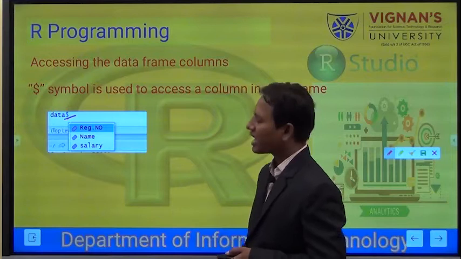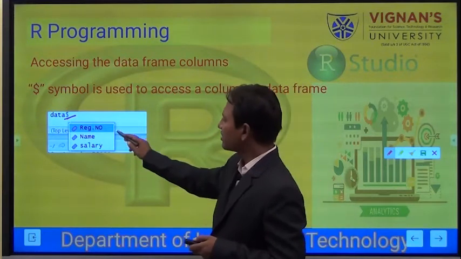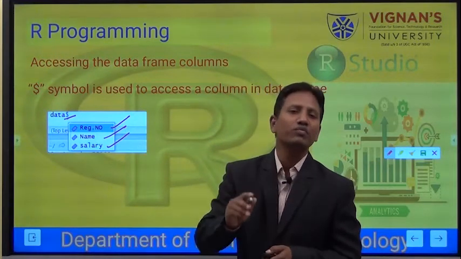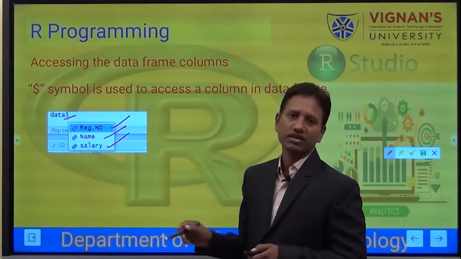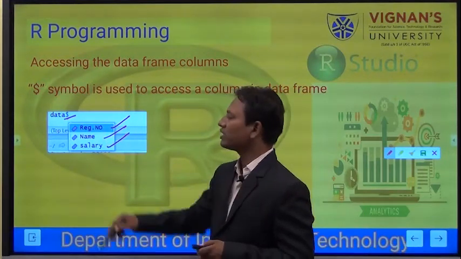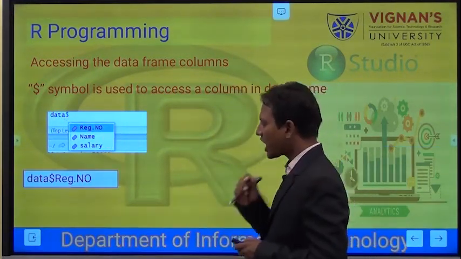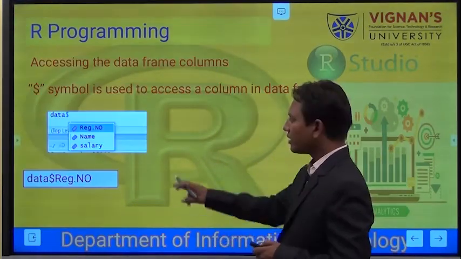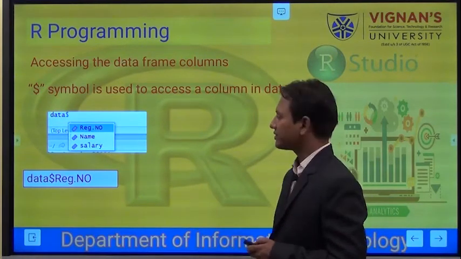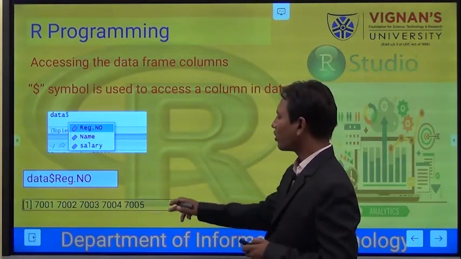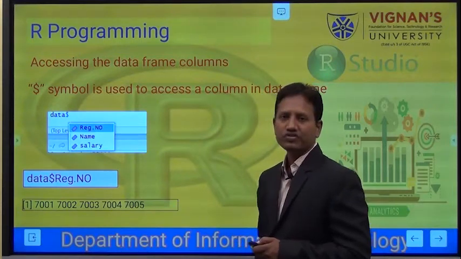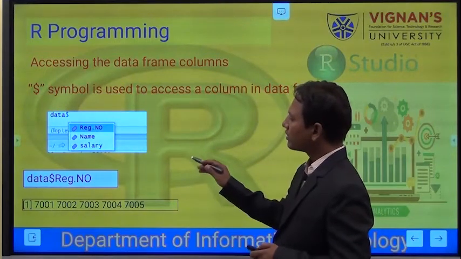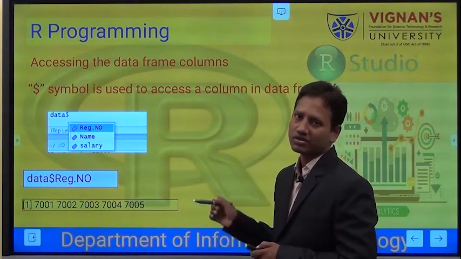In my data frame I have 3 columns: register number, name and salary. It is showing the columns and asking which column you want to pick. I just have to select one name. Here I have selected register number, the first column name, and the output I got is the values. So with the help of the dollar symbol I can pick one particular column's data.